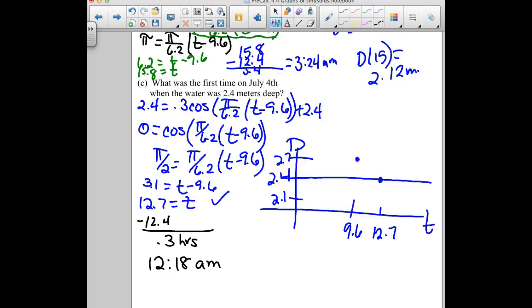If we add another 3.1 to this, we get 15.8. We were at a low point of that 2.1 meters, right? They gave us all of this information. So when they asked us to figure out when is the first time we hit a low tide or we hit a 2.4 mark, could we have just kept going back in 3.1 increments and continued our graph to the left and figured out what those times would be? It's not as much fun as what we did, but it's another way to check your work.